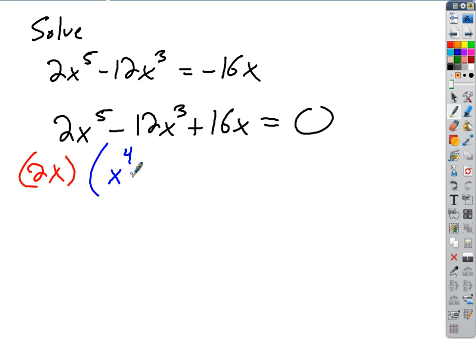X to the 4th, right? Because 2x times x to the 4th would give us x to the 5th. Minus, good, 6x squared plus 8, okay?